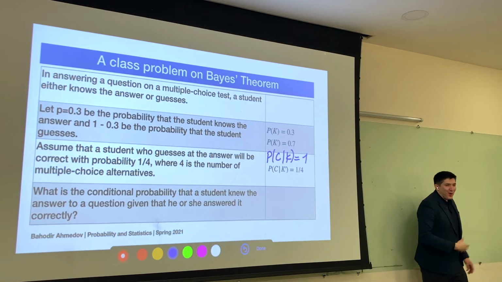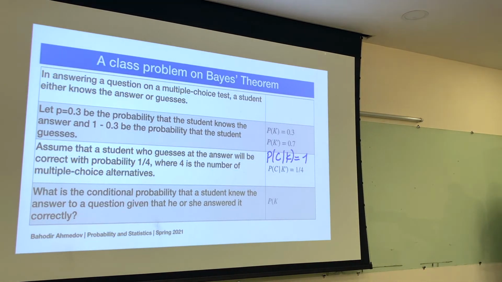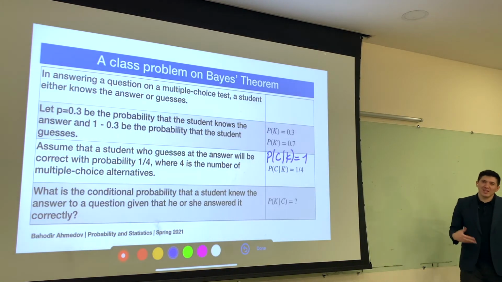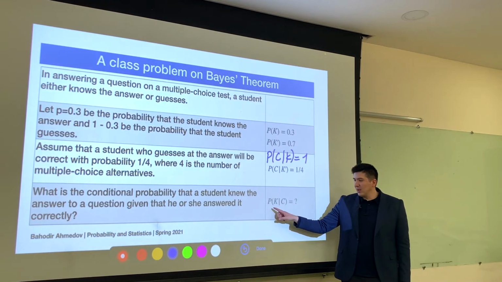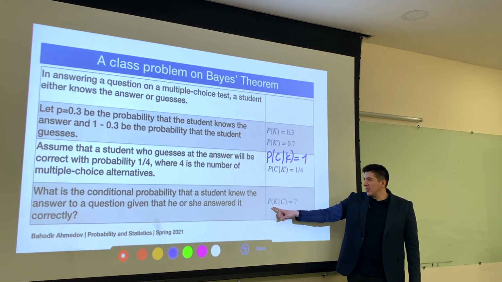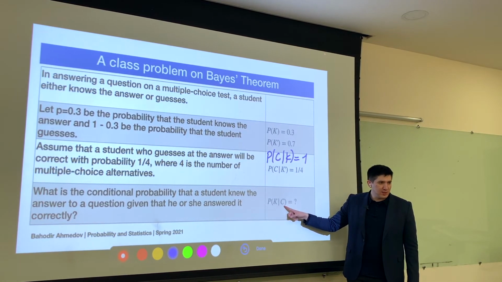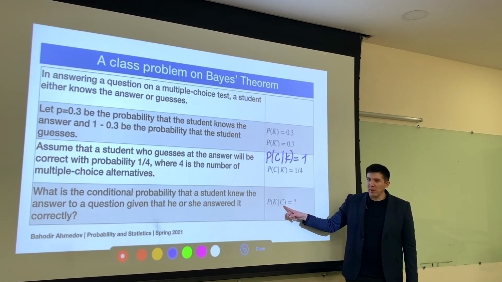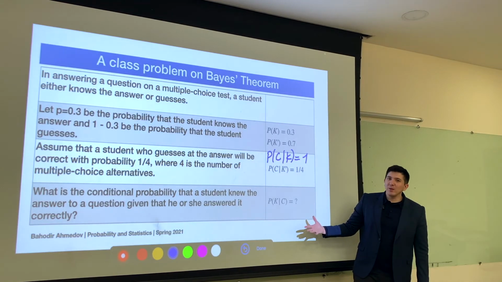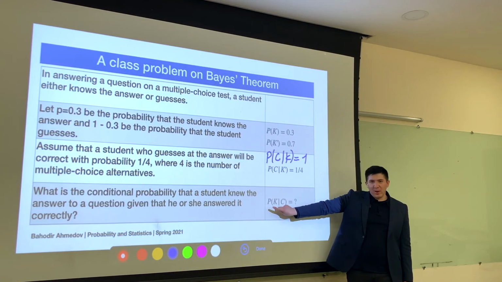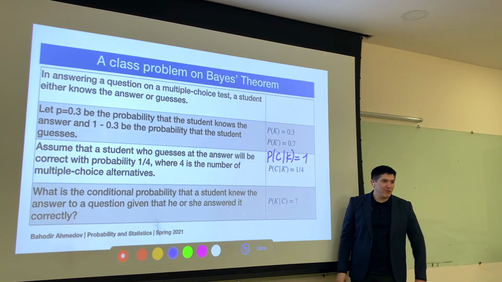Now what we need to find is the probability of K given C, the vice versa. What is the probability that he knew the answer if the answer is correct? This is what we would like to evaluate. We know the other version of this.